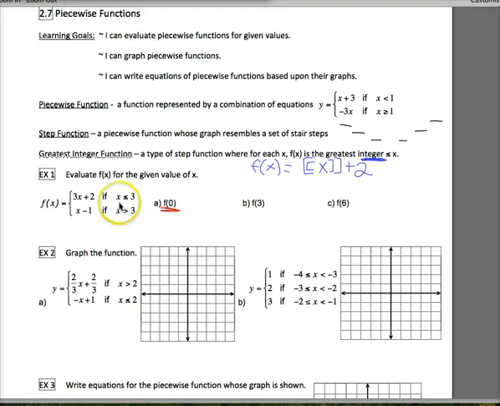Since 0 is less than 3, that means we're going to be using the top equation. So we're plugging 0 into this part. So 3 times 0 plus 2 is going to be my value. So 0 plus 2 obviously equals 2. So I want you to go ahead and do part B and C, and then check to see if you've gotten it correct after you pause.